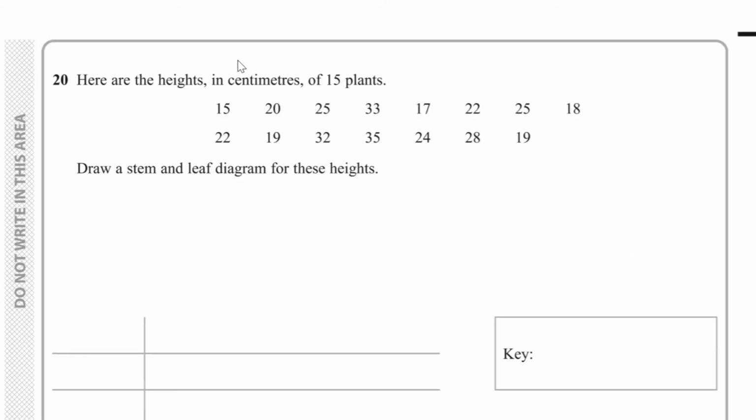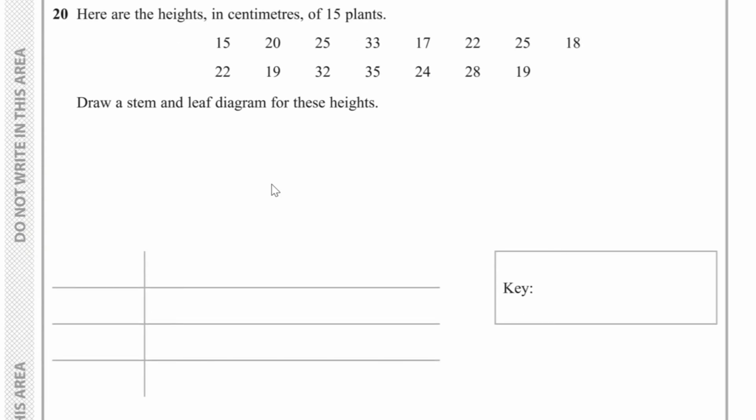Question number 20. Here are the heights in centimeters of 15 plants. And what we have to do is draw a stem and leaf diagram. So, first of all, if we add everything in as we're going along, in order, we've got here the smallest number, which is 15, so we start off with that. Then after that we have 17.